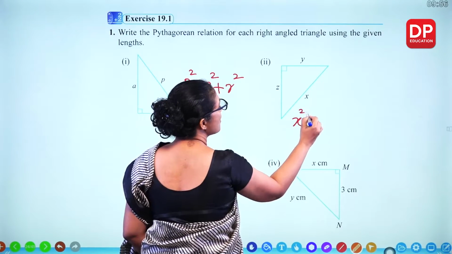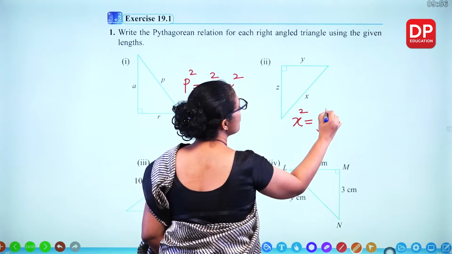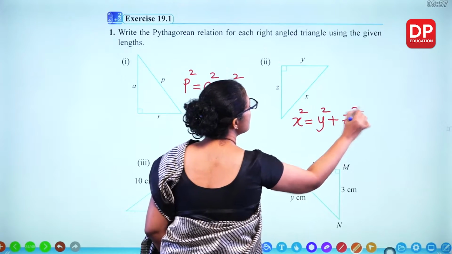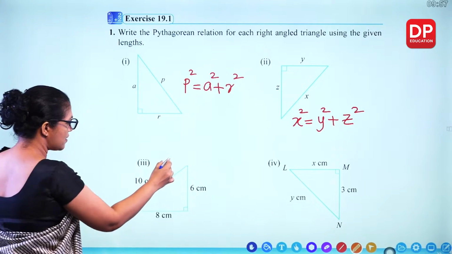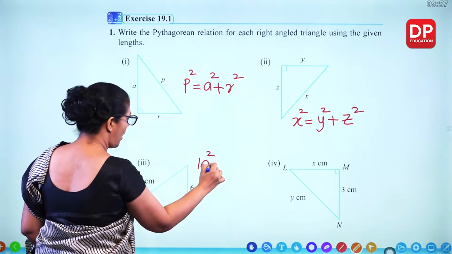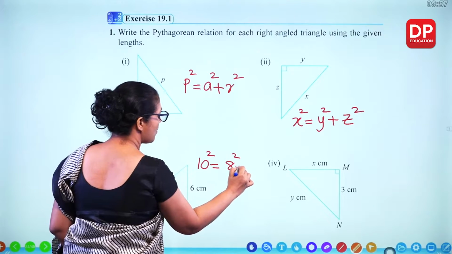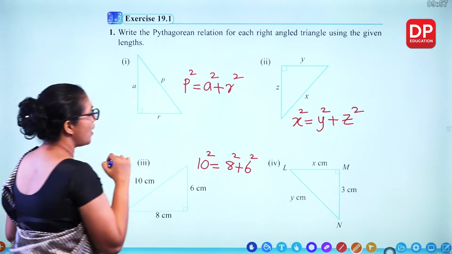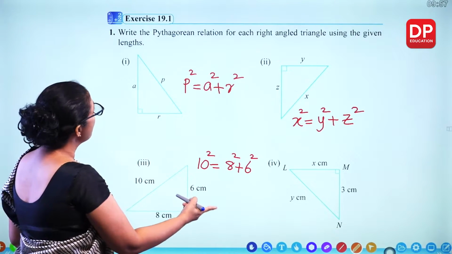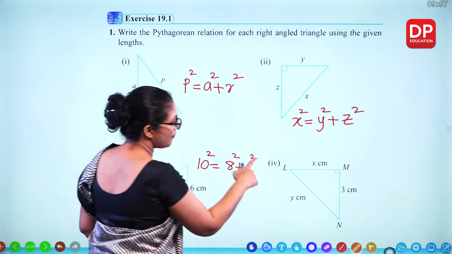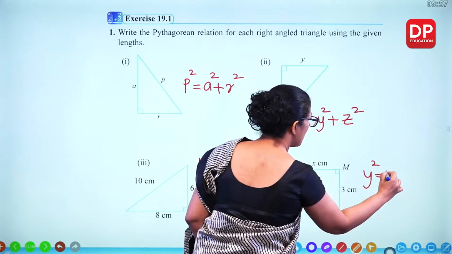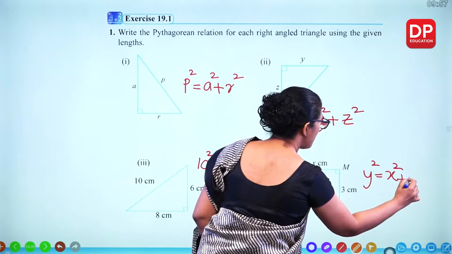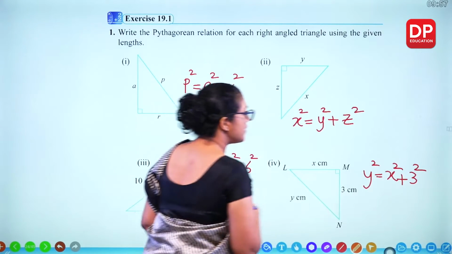X. So X squared is equal to Y squared plus Z squared. This one, hypotenuse is 10. So 10 squared is equal to 8 squared plus 6 squared. The other one, hypotenuse is Y. Y squared is equal to X squared plus 3 squared.